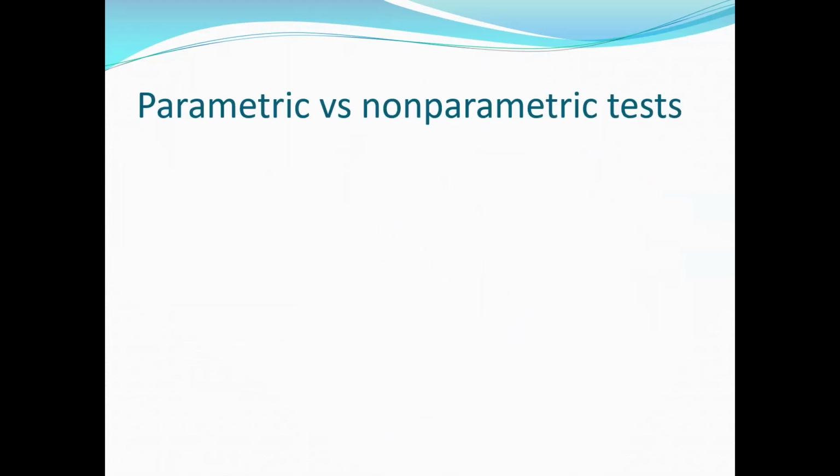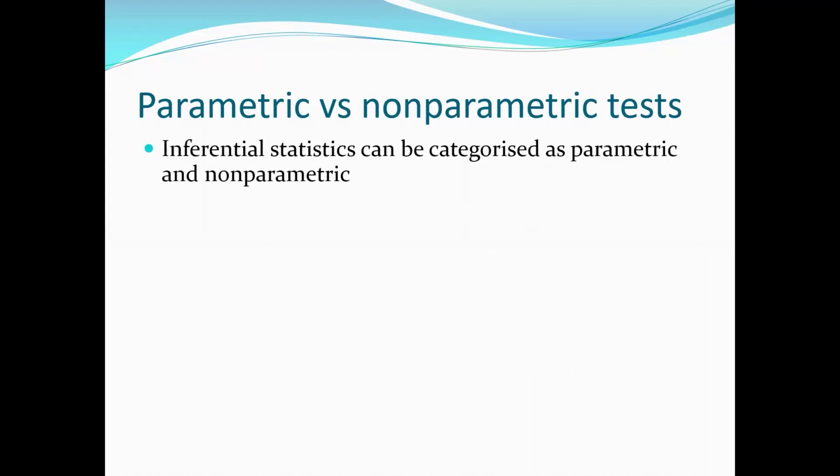Okay, now I'll just introduce to you what are called parametric versus non-parametric tests. There are 2 types of inferential statistics: inferential statistics can be categorized as parametric and non-parametric.